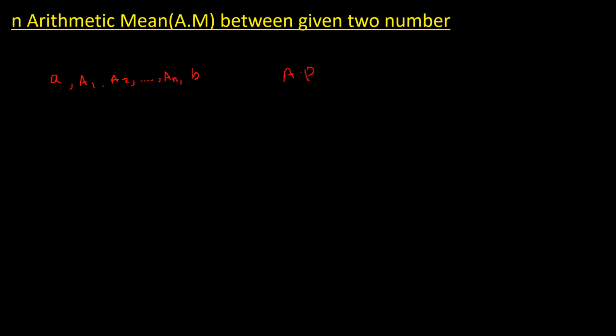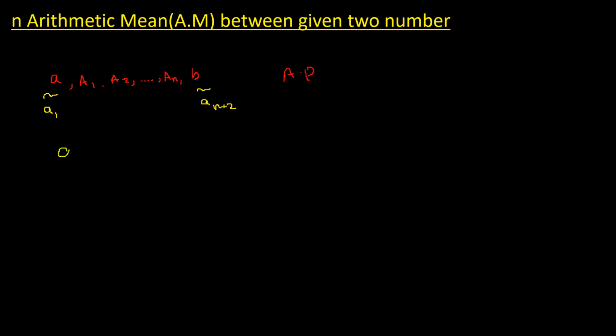So this is our first term, and this is our (n plus 2)th term, because there are n plus 2 terms in this sequence, where n are the arithmetic means that we have to obtain, and this is the first term and this is the last term.